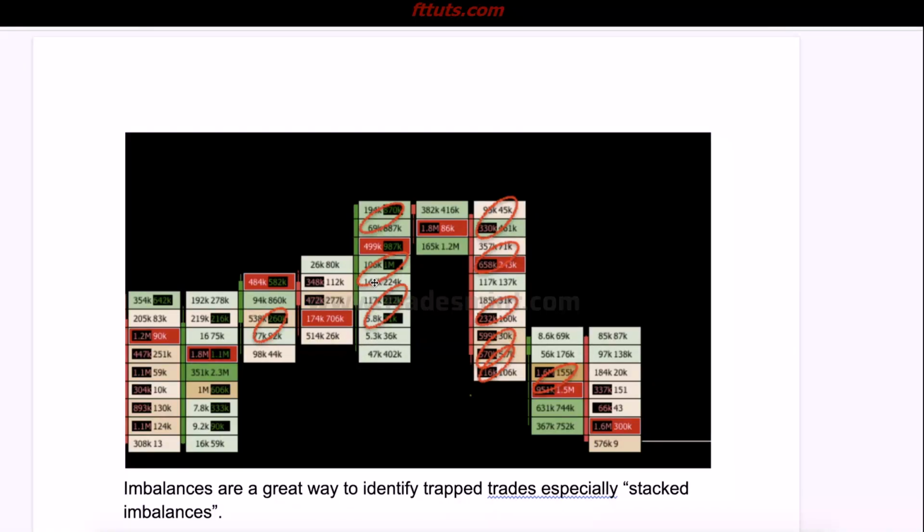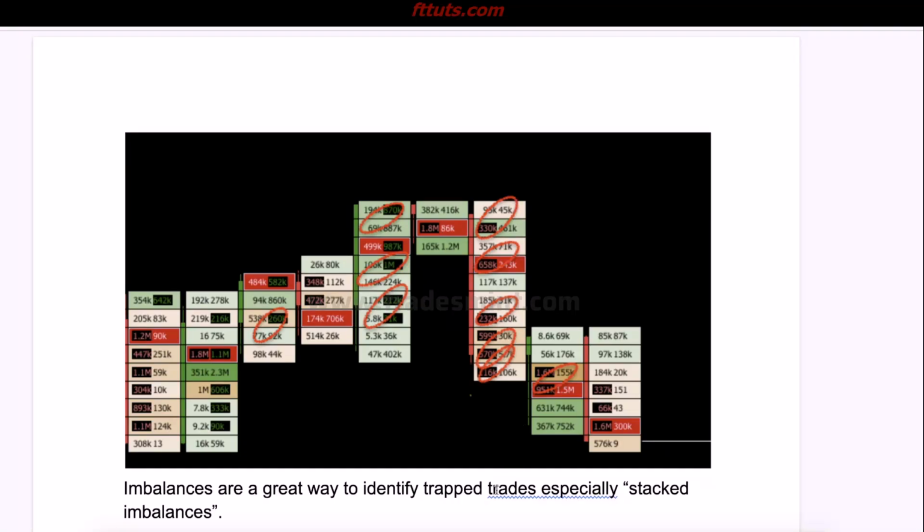If price is coming up, we want to look at the tick before the current tick and compare it to the current tick that we want to look for an imbalance on. I've circled here the way you would look for these imbalances, which is diagonally. This doesn't really matter if you're using ExoCharts because it's just going to highlight it for you and show you, yes, there is an imbalance here.